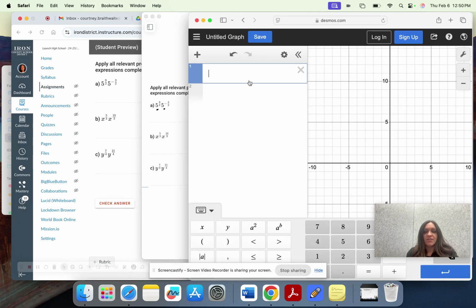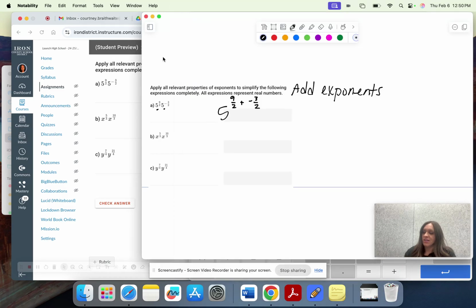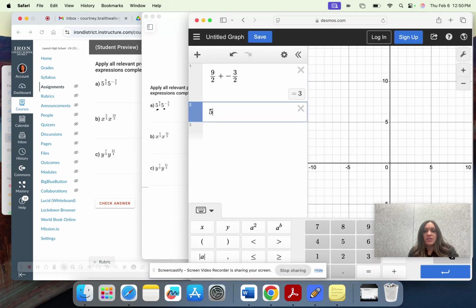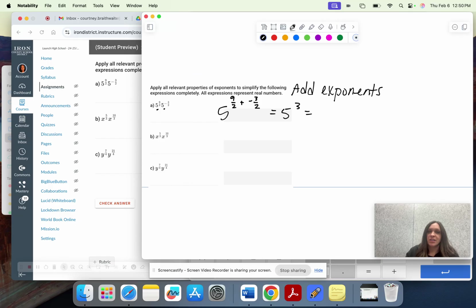I'm not saying you have to do all fractions by hand. And it ends up being 3. So this ends up being 5 to the power of 3. I'm not sure if it wants that or if it wants 125. I don't know. Because that is actually an integer number, we'll see.